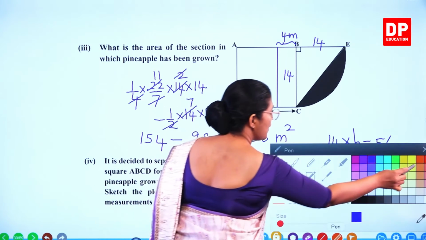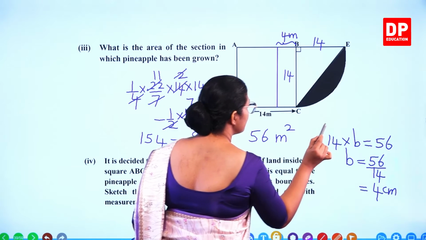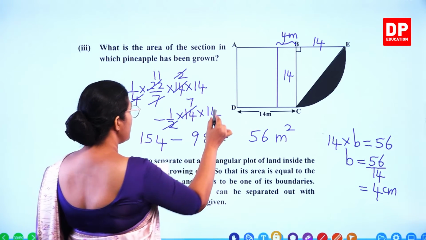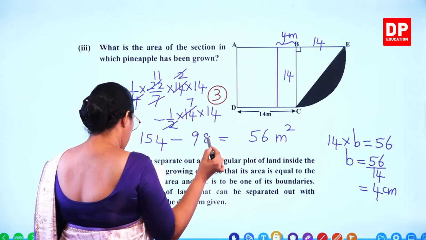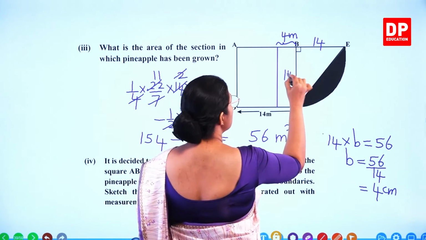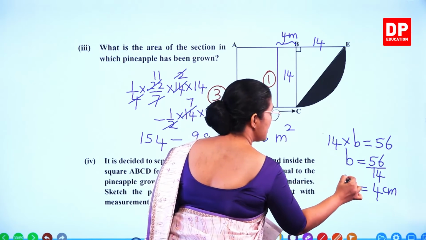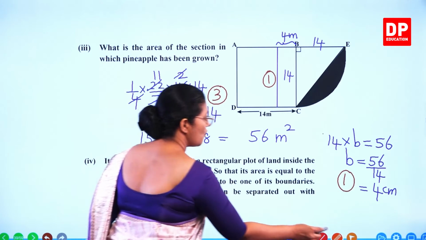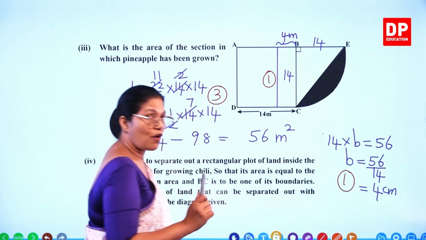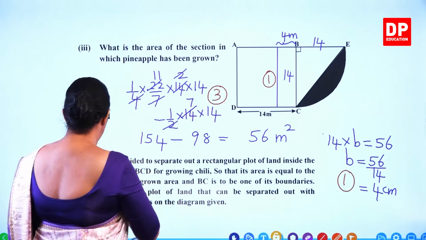So how many marks for that? You get 3 marks for finding the area, marking this diagram 1 mark and finding the breadth 1 mark. So we have given altogether 10 marks for that question as well.